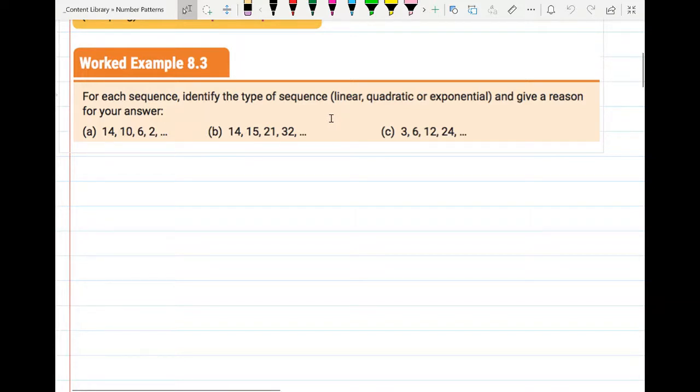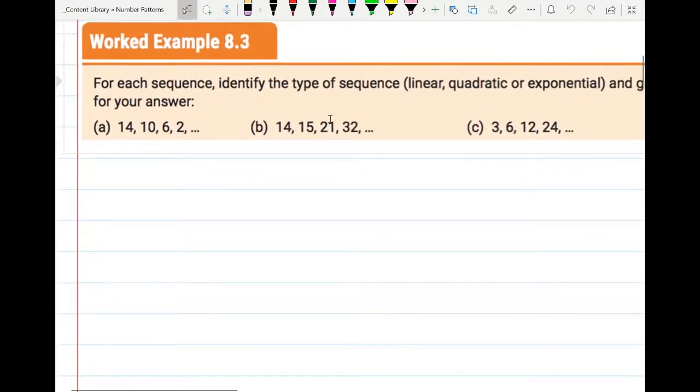There are other types of patterns that you might be asked to categorize, and I'm going to go through them now with you. So if we take a look at the first one here in our example, and let's do an examination of what is happening as we move from term to term.